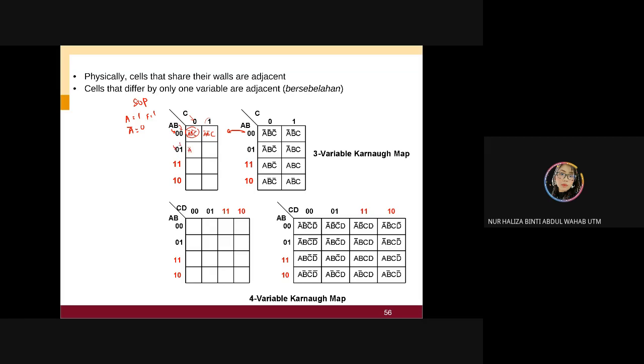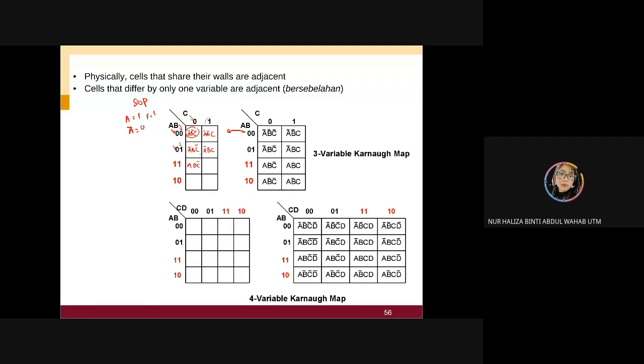I have A bar B and my C is 0. Next cell, I'm going to have A 0, B is 1, my C is 1. Next cell, I have A is 1, B is 1, my C is 0.